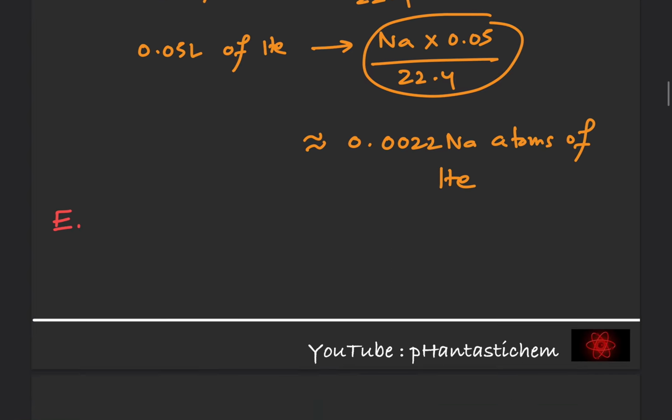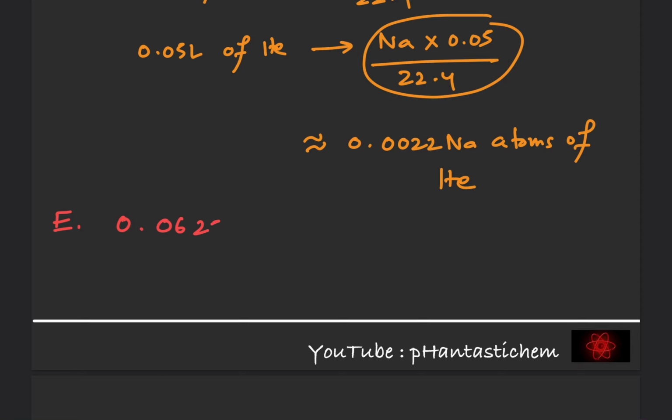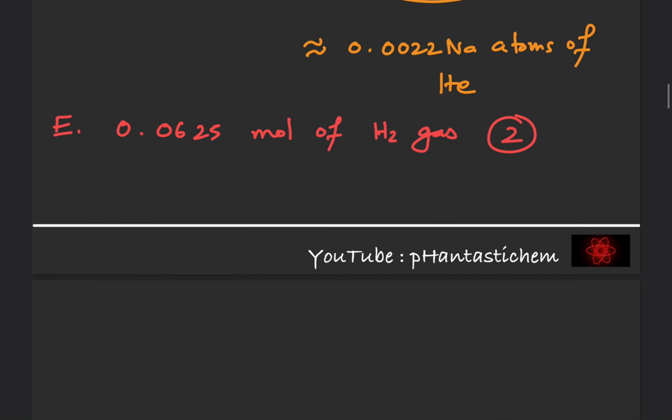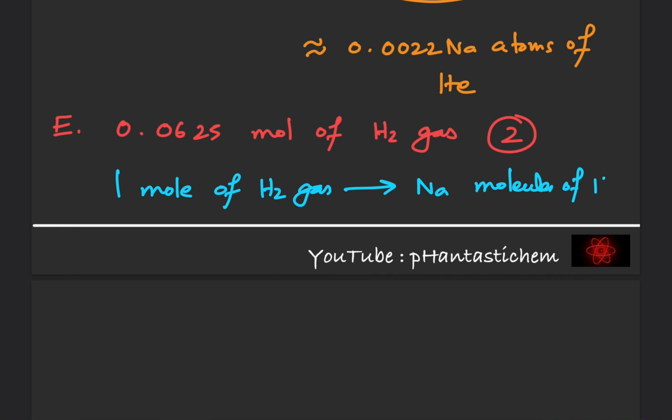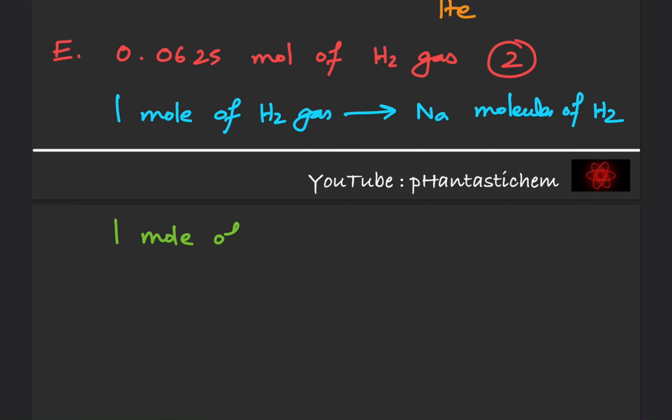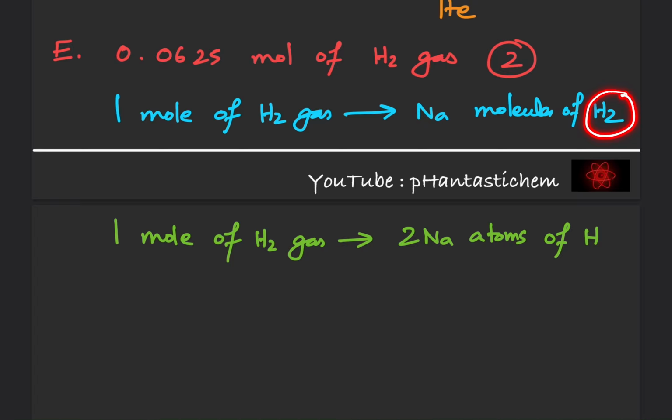Next, we have to talk about E. In E, we have 0.0625 mole of hydrogen gas. Using definition 2, 1 mole of hydrogen gas will contain Na molecules of H2, or 2 into Na atoms of H, because one molecule of H2 contains 2 atoms.